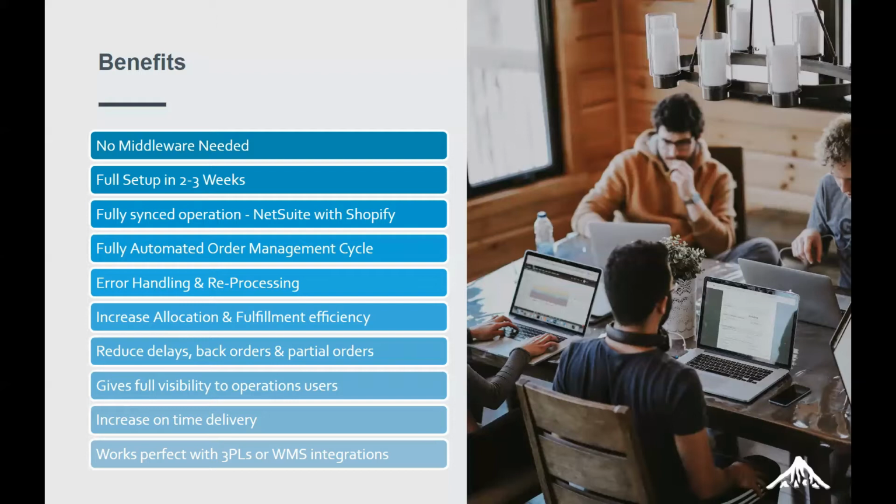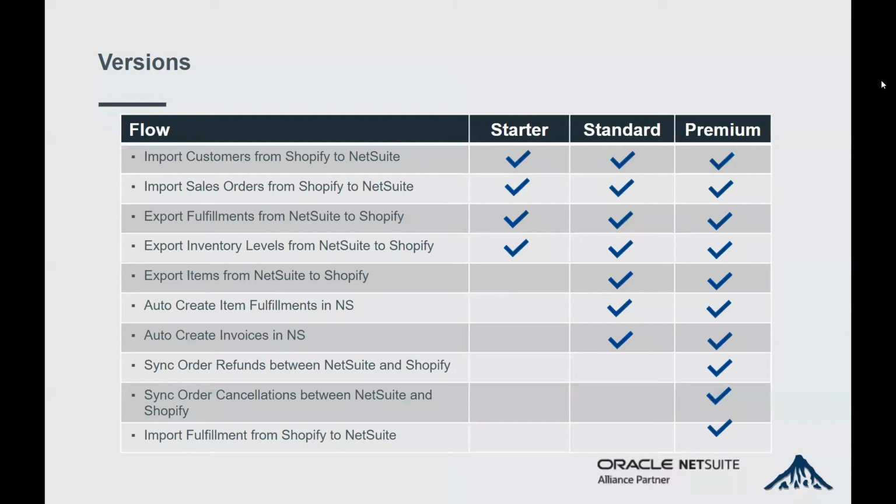Increase allocation and fulfillment efficiency, reduce delays, back orders and partial orders, give full visibility to operation users, increase on-time delivery, and works perfect with 3PLs or warehouse management system integrations. We have 3 versions of the connector: the starter, standard, and premium.